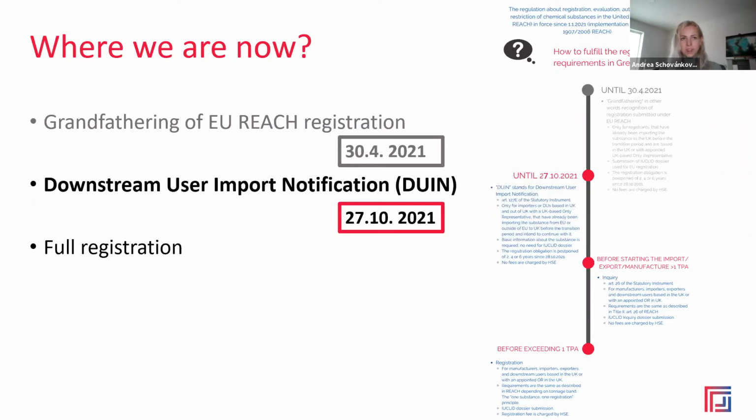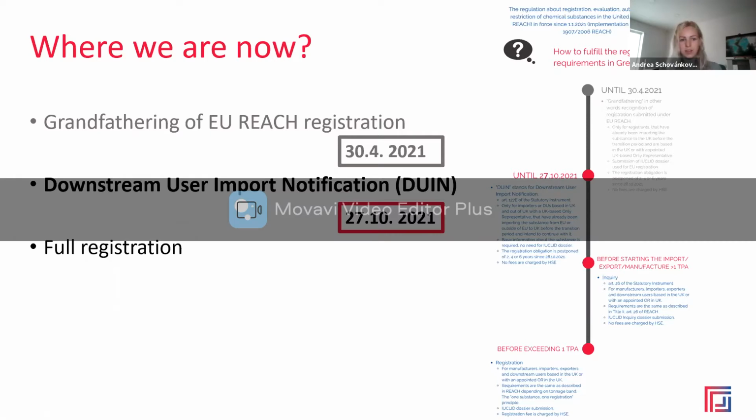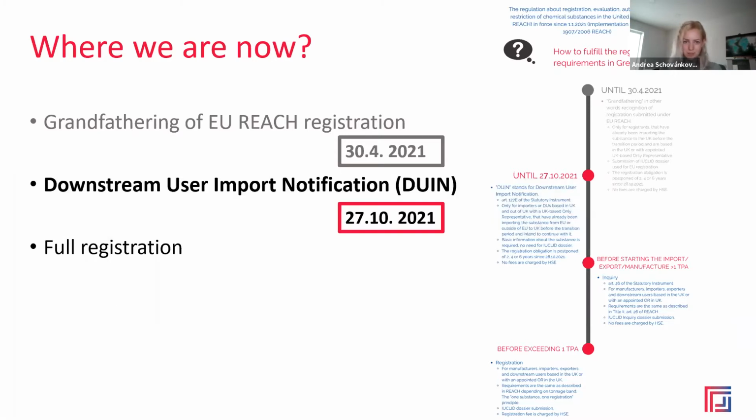So it's in 2 weeks. This is the last time we have the opportunity to submit those notifications, and after this there will be only the full registration option for the importers, manufacturers, and other companies, legal entities.